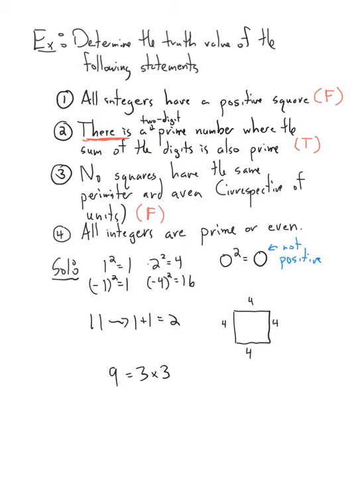One of its factors is 3. It doesn't just have 1 and itself as factors. So it's not prime. And it's an odd number. I can write it, if you like, as 2 times 4 plus 1. Remember, all odd numbers can be written as an even number plus 1. So we found a number that is not prime and not even. So we found another counterexample to that one. So this is, of course, false.